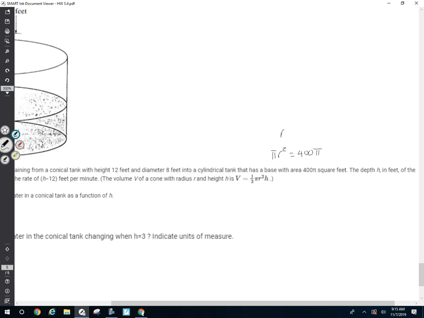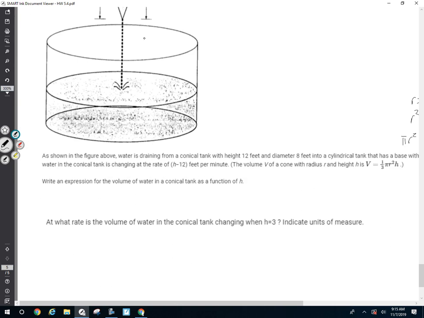Immediately I go, r squared is equal to 400, and r is equal to the square root of 400, which is 20, right? So just keeping in mind that from that base area I know the radius is 20, and it's fixed.